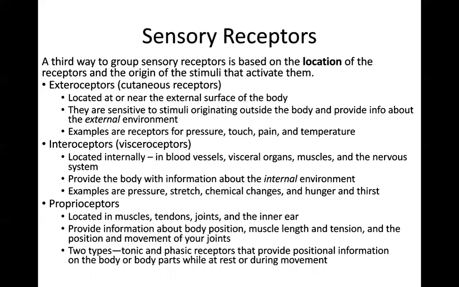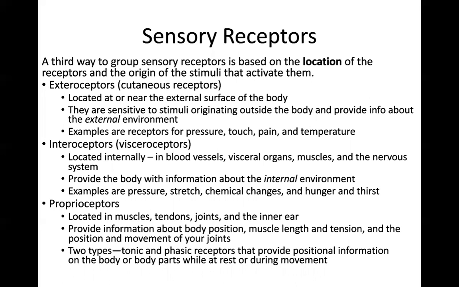Our skin, right? Skin is also known as your cutaneous membrane, which is why behind exteroceptors, it's listed as cutaneous receptors. Their job is to be sensitive to stimuli originating outside the body and provide information about our external environment, things like pressure, touch, pain, and temperature.